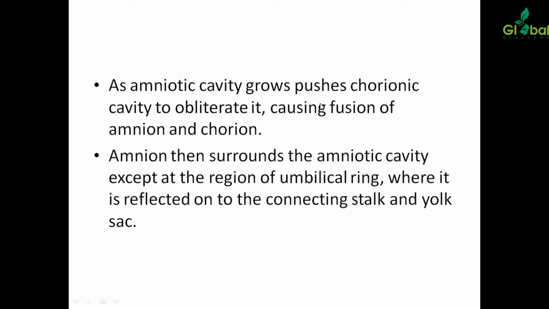As the amniotic cavity grows, it pushes on the chorionic cavity to obliterate it, and there will be fusion of amnion and chorion. Amnion surrounds the amniotic cavity except at the region of the umbilical ring, where it is reflected onto the connecting stalk and yolk sac.